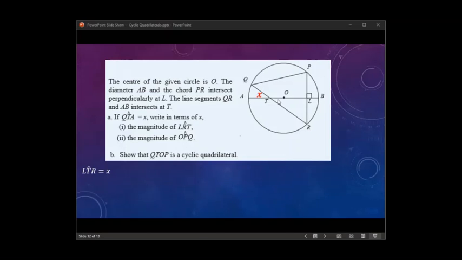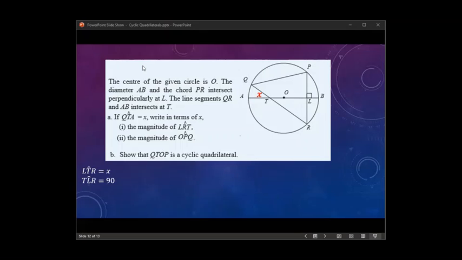The opposite angles, right? When two lines are intersecting, the opposite angles are equal. So LTR is equal to X, and TLR is 90 degrees. Again, the opposite angles. Since PLB is 90 degrees, TLR also should be 90 degrees.